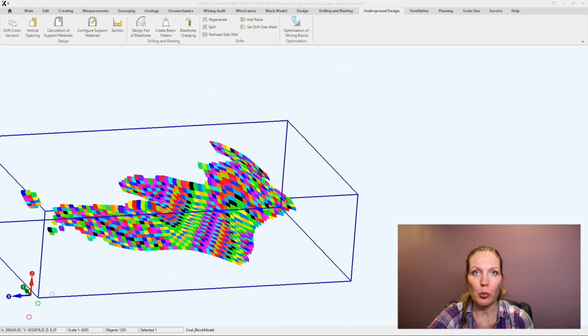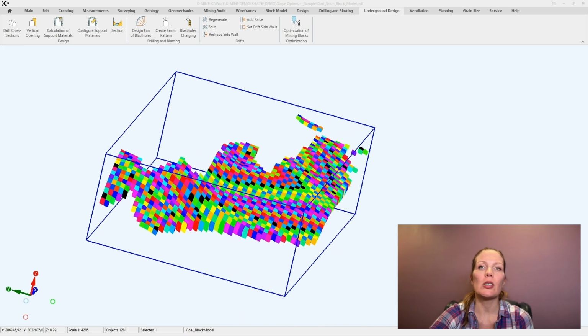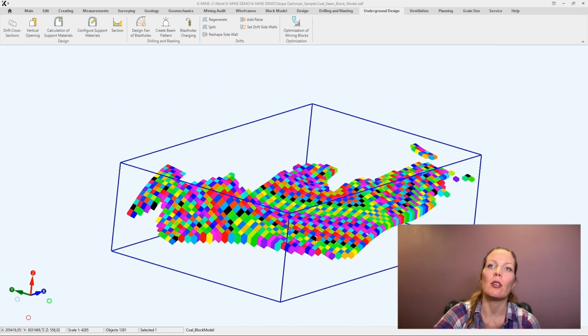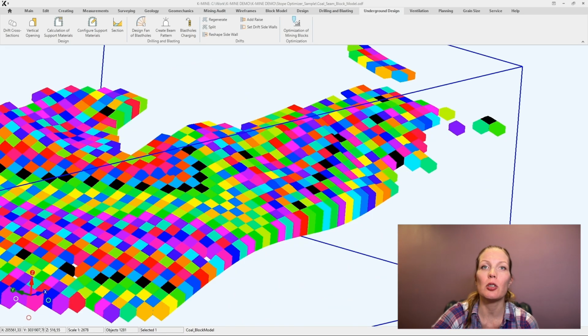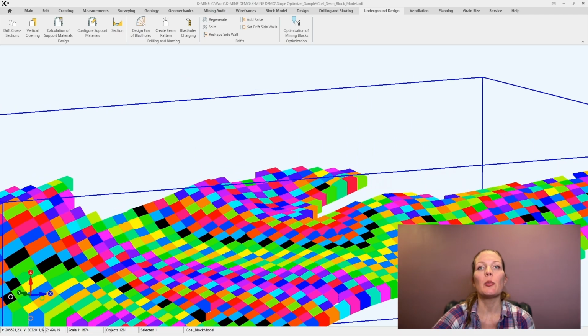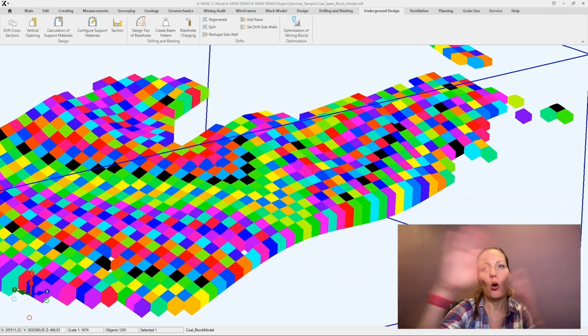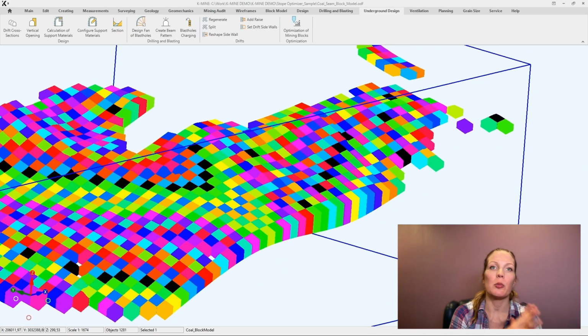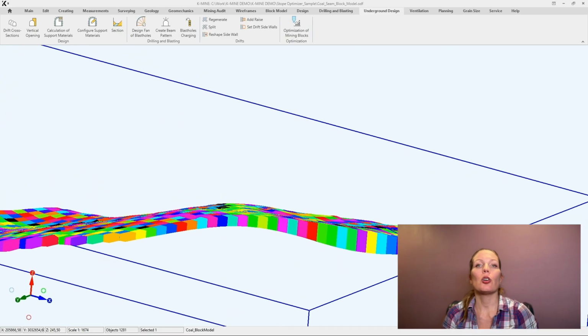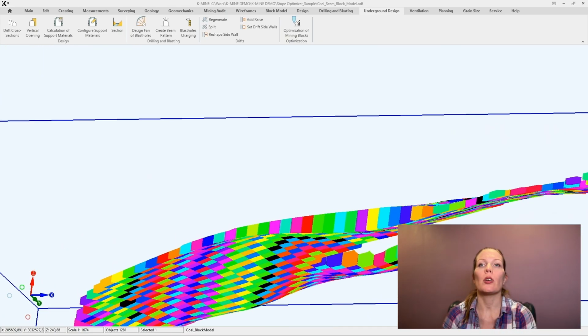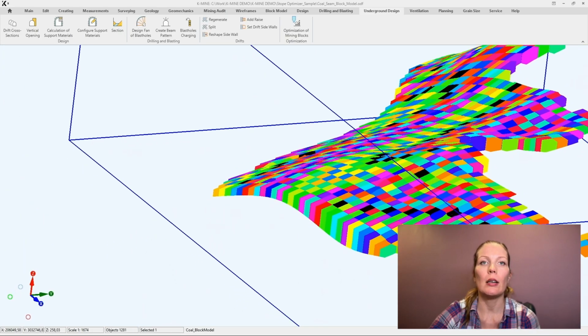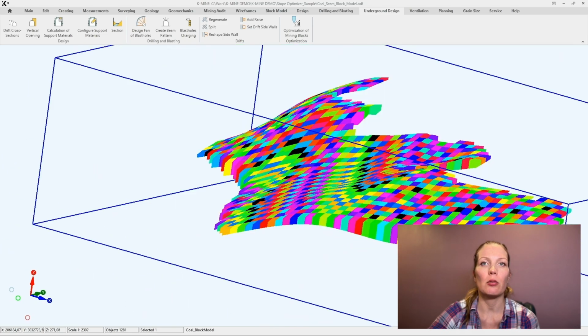For sublevel stoping in massive ore bodies, it emphasizes permissible heights and refined shapes to reduce backfill volume and simplify drilling and blasting. And all of this is handled during optimization, not after. So the stopes that move forward are workable, economically justified, and correctly oriented with respect to the ore body.